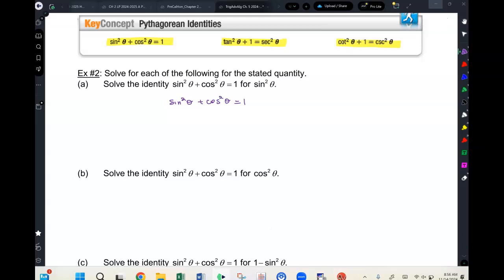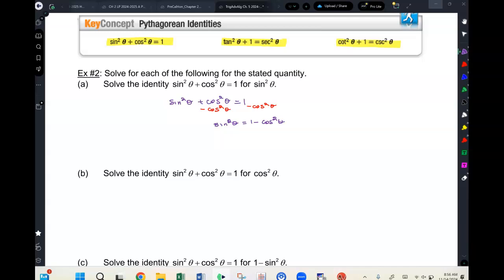Because it's sine squared plus cosine squared, subtract. So minus cosine squared theta on both sides. So finally, this becomes sine squared theta equals 1 minus cosine squared theta, right?